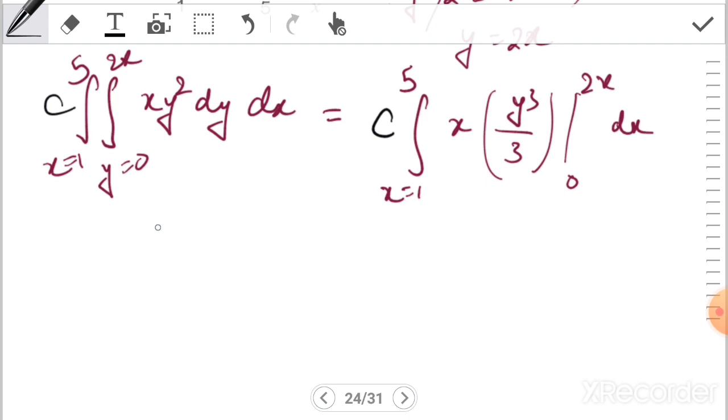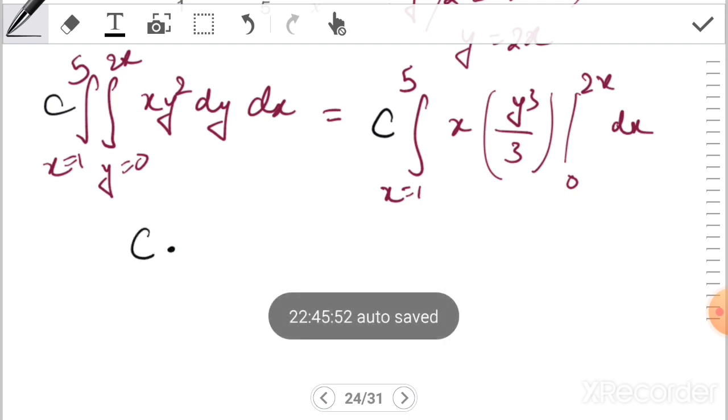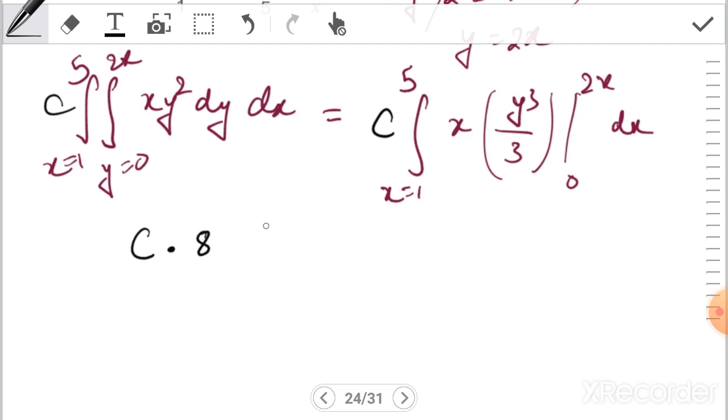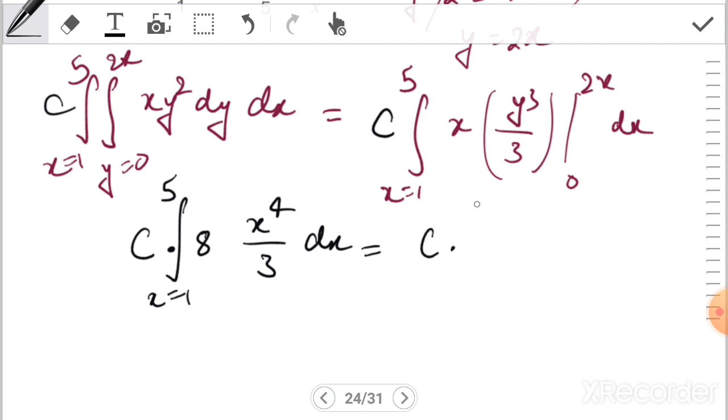Okay, so c times 8x raised to the power 4 by 3 dx, x varies from 1 to 5, and c times 8 by 3 times x raised to the power 5 by 5.